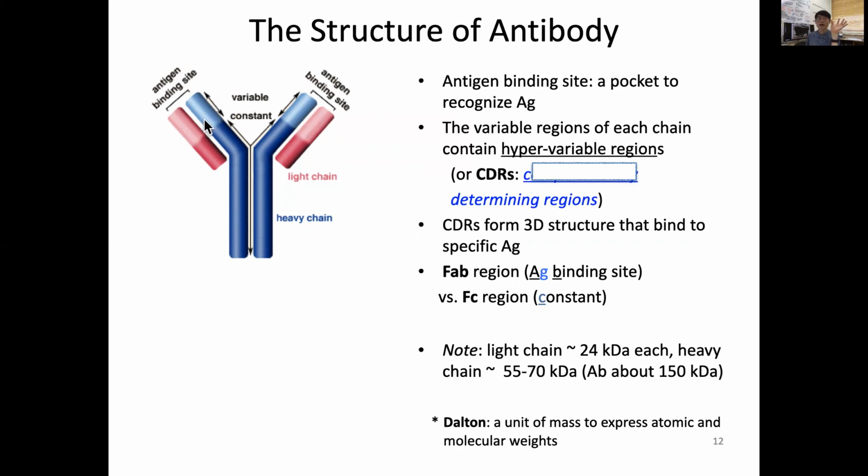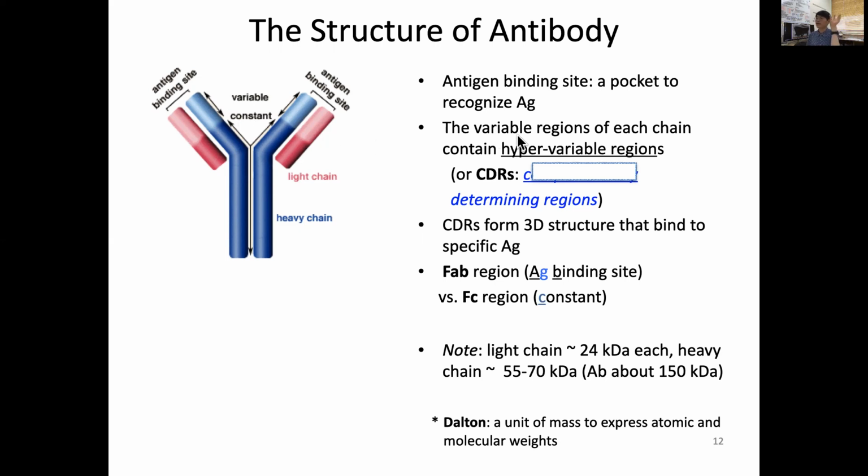That part has to be very, very diverse to deal with all the invaders from the outside world. So it has huge variability. We call it hypervariable, okay? So that's the variable region, while the rest does not have to be different. The rest should be constant, so we call it the constant region.